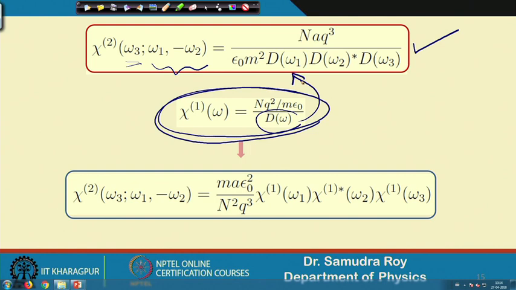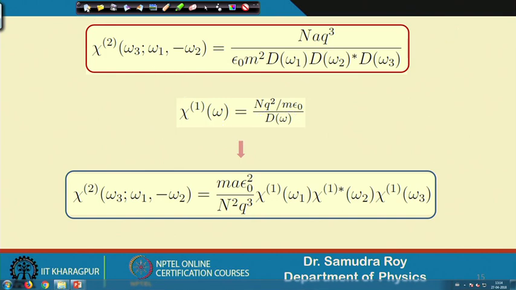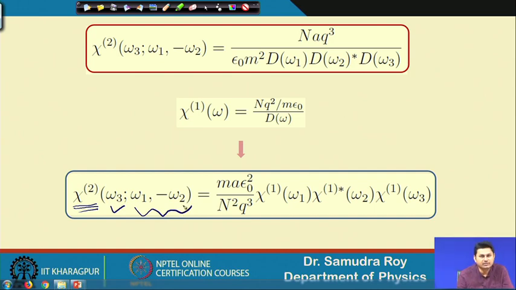So, what we will do is replace this d in terms of chi 1. This is a very important consequence. What we essentially get is very interesting: the second order susceptibility at frequency omega 3, with two different frequencies omega 1 and omega 2 whose combination gives rise to omega 3, depends on the first order susceptibilities at those frequencies.